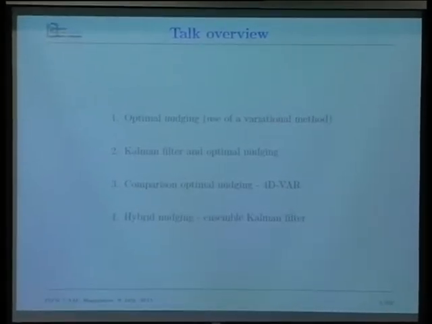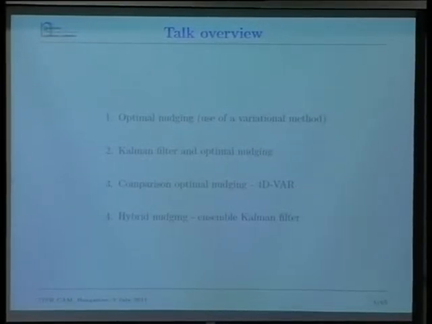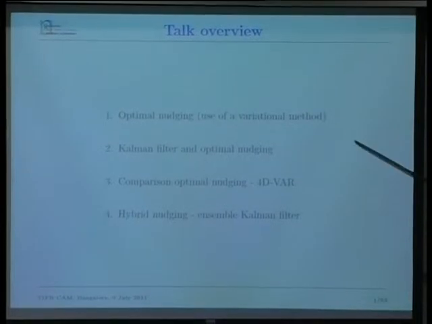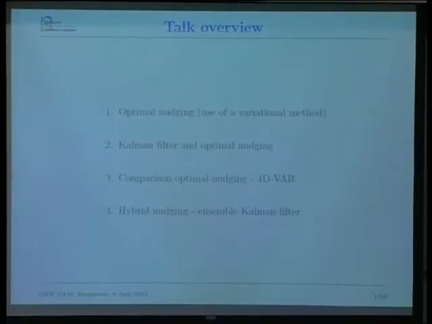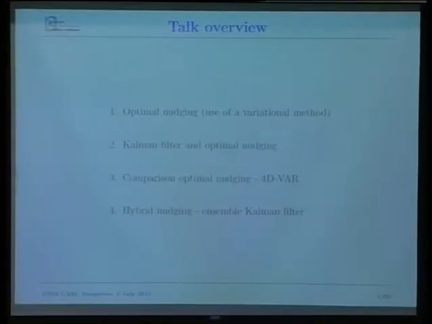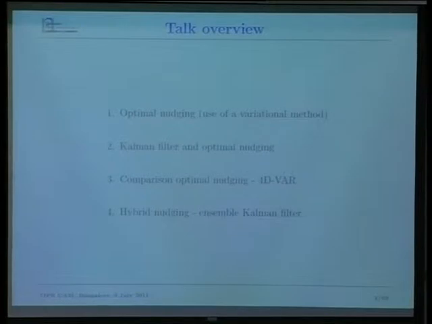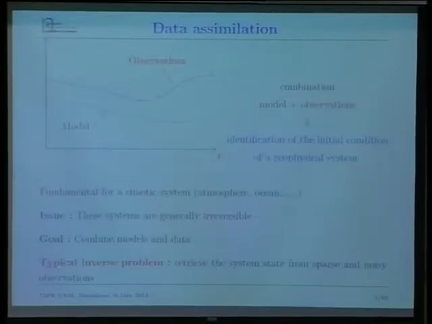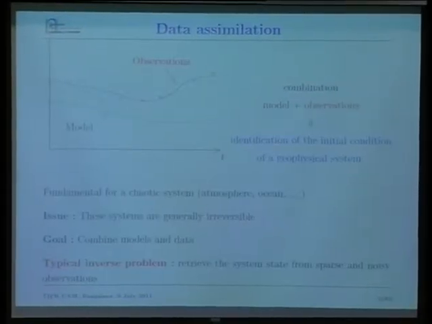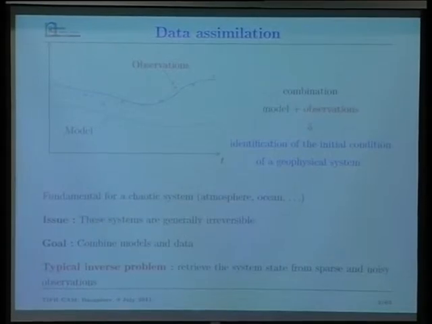Yesterday I explained that nudging is a very simple data assimilation scheme, and we will see that it's possible to make it very complicated using the adjoint. And then some comparisons on hybrid schemes with Kalman filters and 4D-Var.